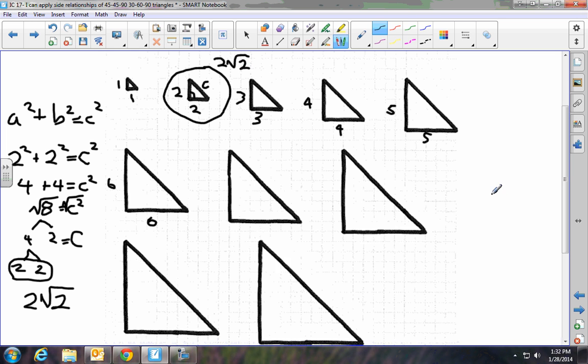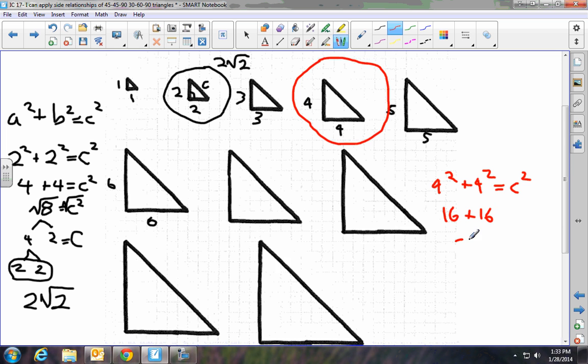Okay? So let's try that again. This time let's try this triangle here, 4 by 4. And we would just do the exact same thing. 4 squared plus 4 squared equals c squared. And of course that's 16 plus 16, and that's going to be 32. And we split that up into a pair of factors.